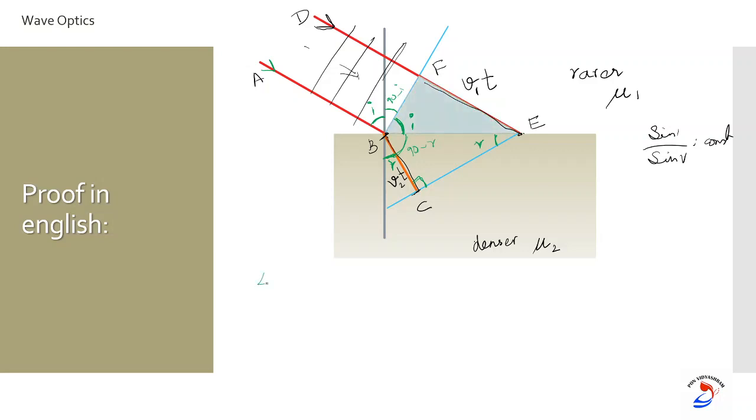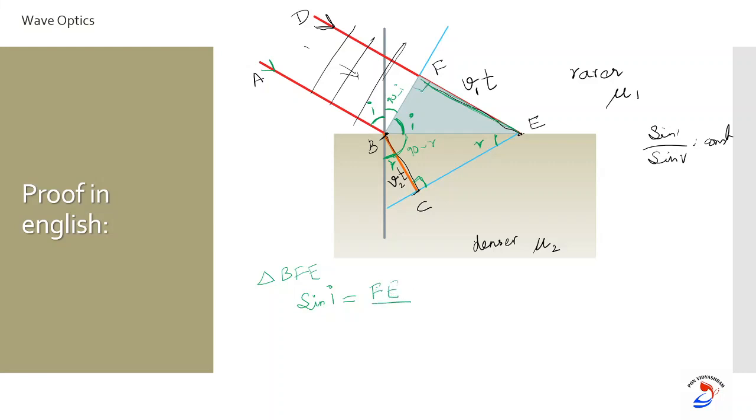So right now we're considering this triangle BFE. In this triangle, what is sine I? Sine I is equal to opposite by hypotenuse. The opposite side to I happens to be this side, so I can write it as FE divided by the hypotenuse.